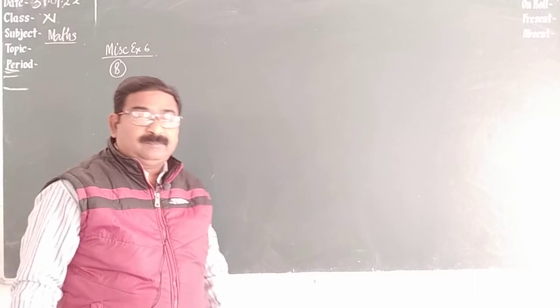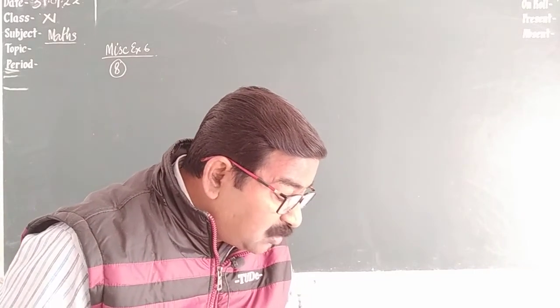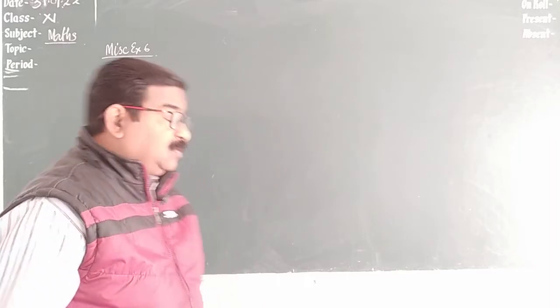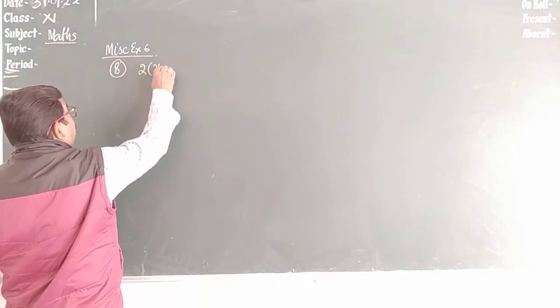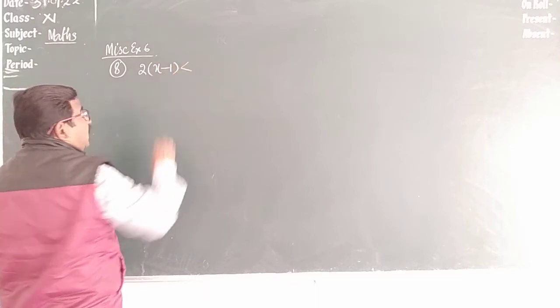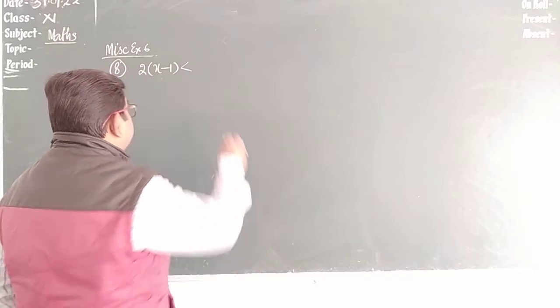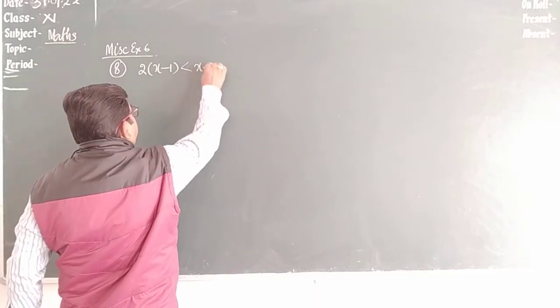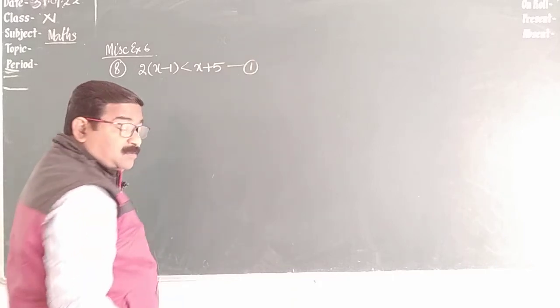The question is given: 2 times (x minus 1) is less than x plus 5, in inequality number 1.